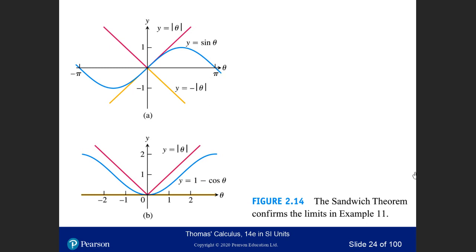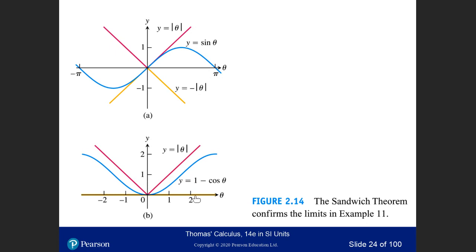Another example still is y equal to the absolute value of theta. Here y is equal to 1 minus cosine theta, and the yellow function is y equal to 0. Now y equal to 1 minus cosine theta is squeezed between y equal to the absolute value of theta and y equal to 0.